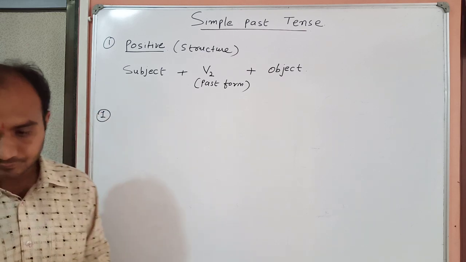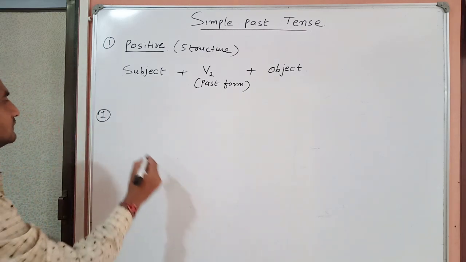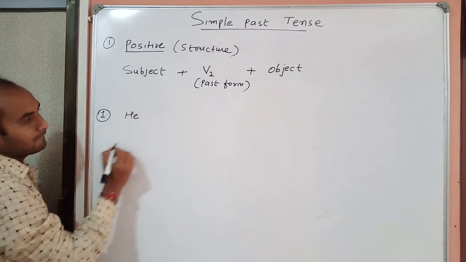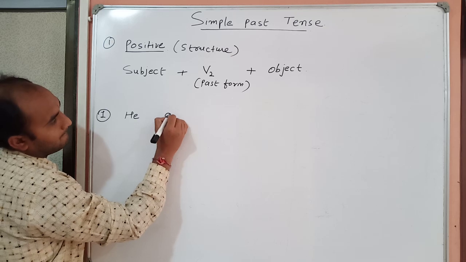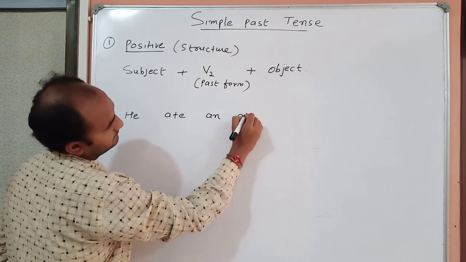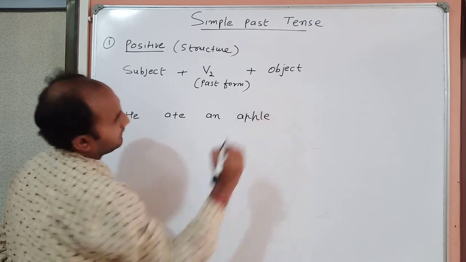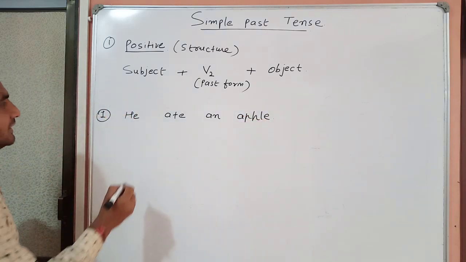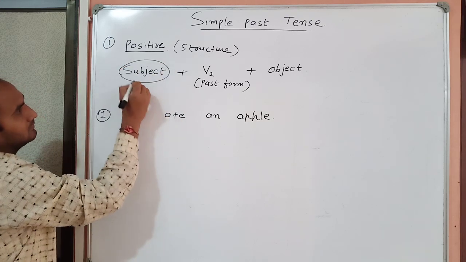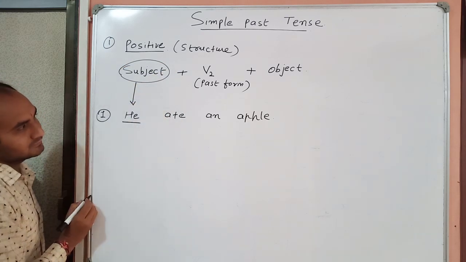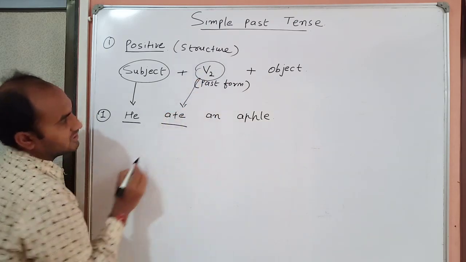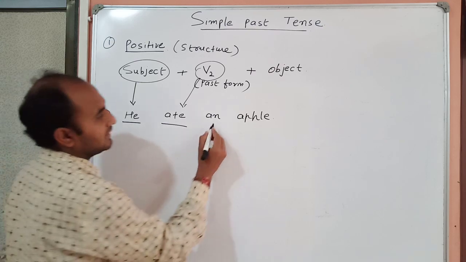Number 1. He ate an apple. He means subject. Ate means V2, past form.